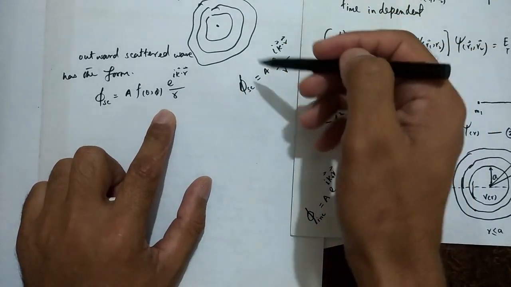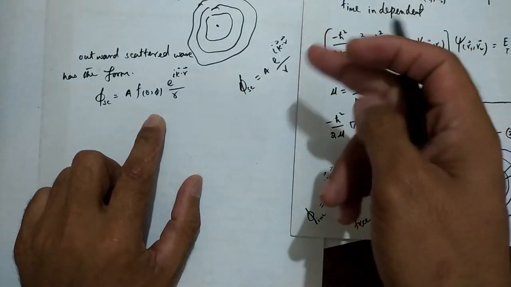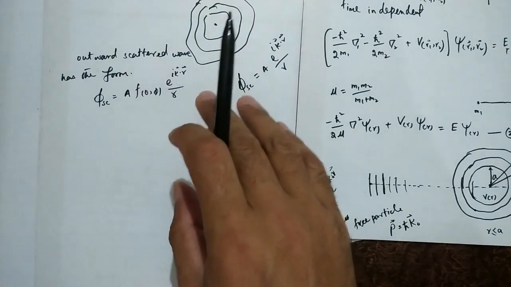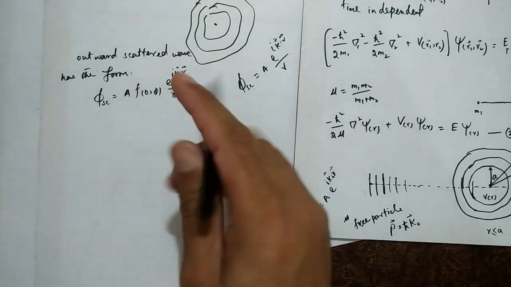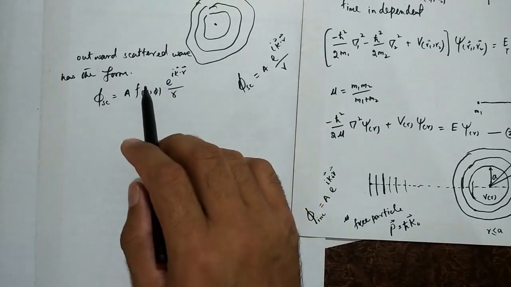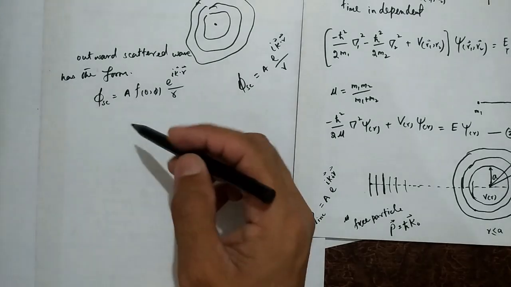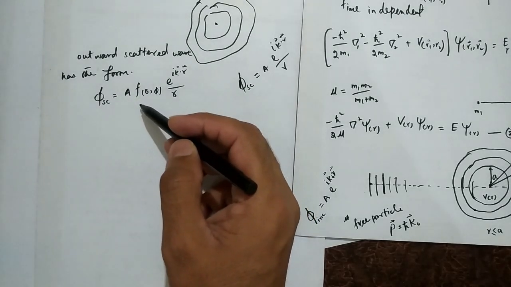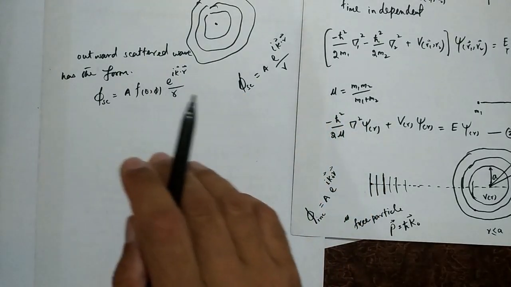In that case, the amplitude of the scattered wave is independent of theta and phi, and if the scattering is not isotropic, in that case the amplitude depends on theta and phi. So here we have written the amplitude of the scattered wave as well.